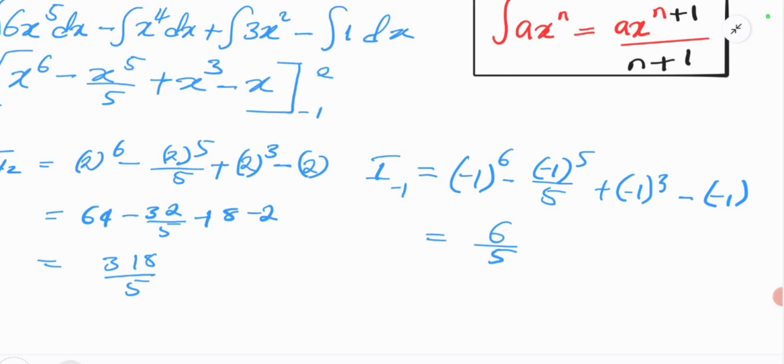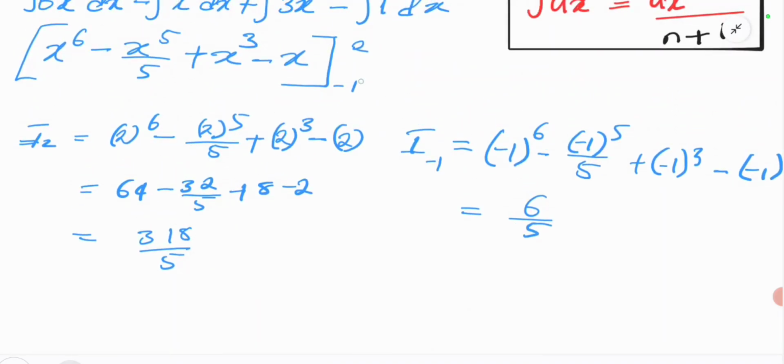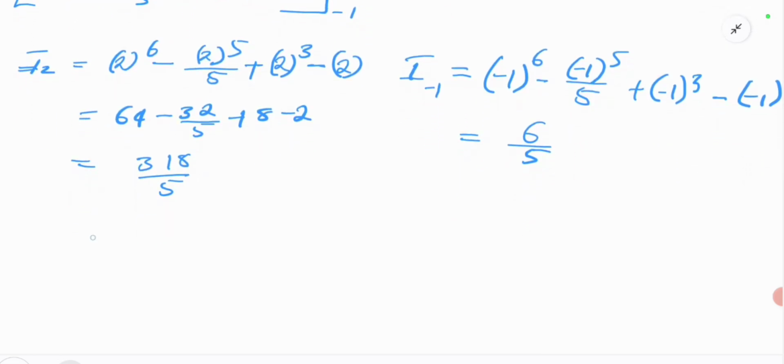So once we have these two, the integral at 2, meaning what we got when we replaced in this integral with 2, and the integral at -1, meaning what we got when we replaced with -1, then we can go ahead and find our final integral, which is the integral where we replace with 2 minus the integral where we replaced with -1.